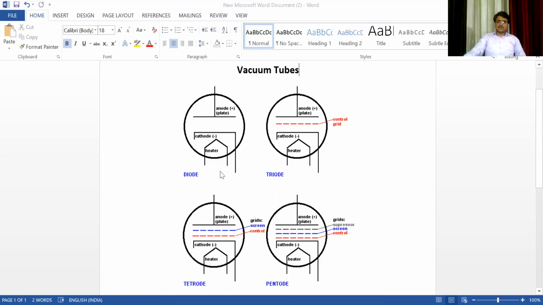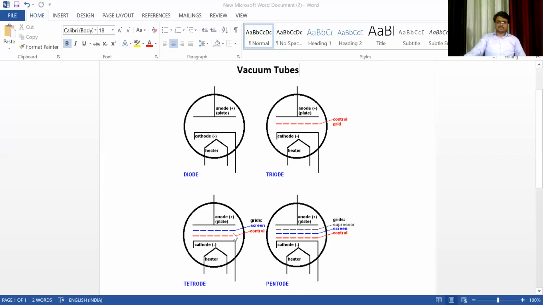Diodes contain two terminals: one is the anode, another is the cathode. A triode contains three terminals: one anode, one cathode, and one control grid.